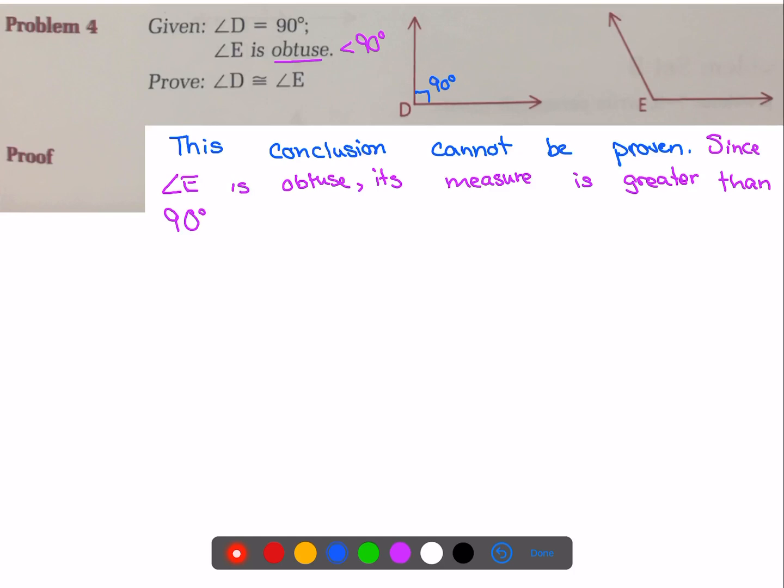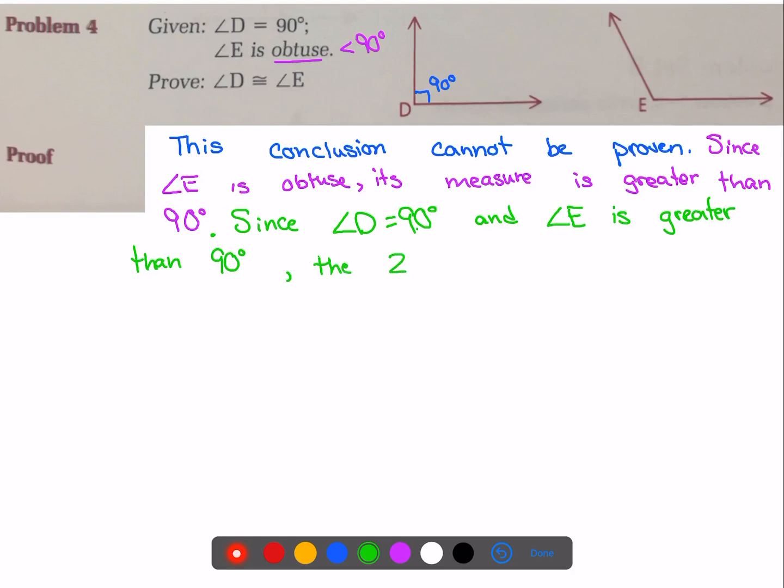On top of that, since angle D is equal to 90 degrees and angle E is greater than 90 degrees, the two angles have different measurements.